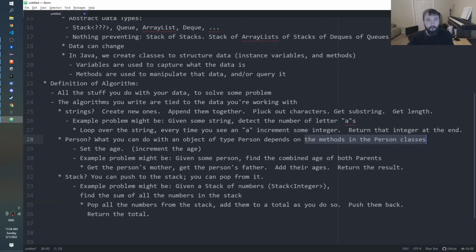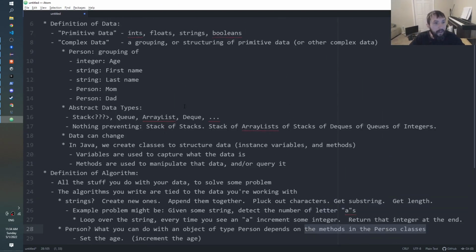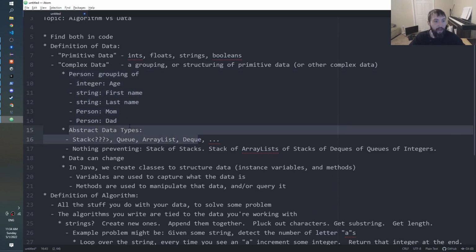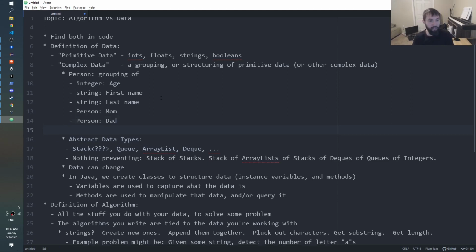So over here, I said that a person is some grouping of these things, and then I said that you can have abstract data types. Remember that these things can be kind of self-referential. For example, maybe I want to say that there is an array list of person, which represents a person's children.